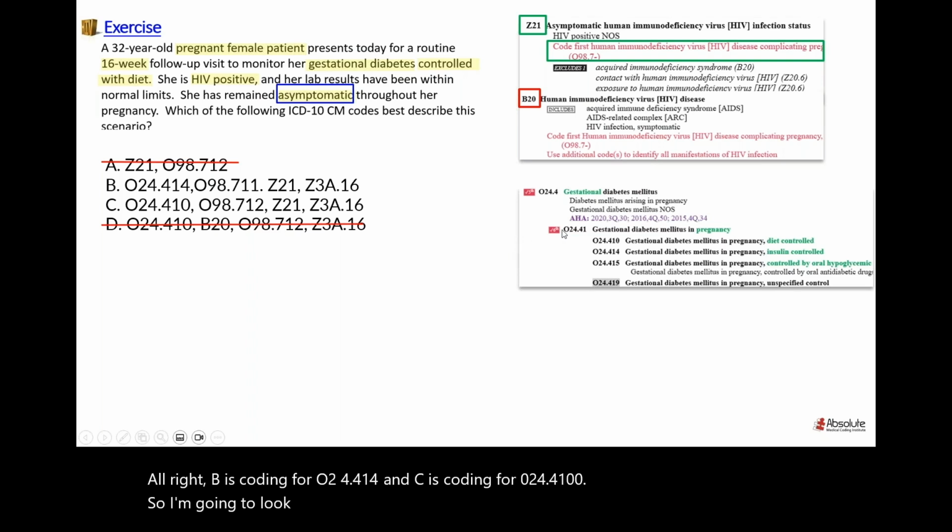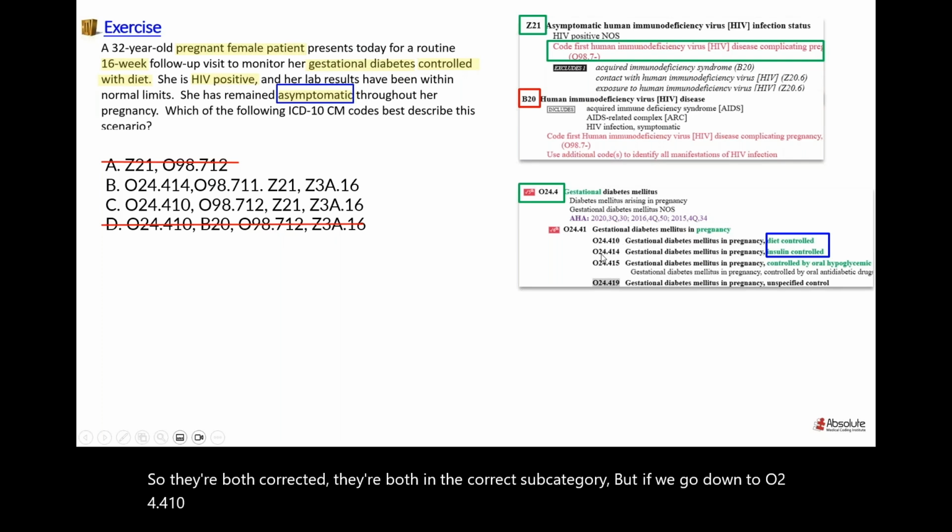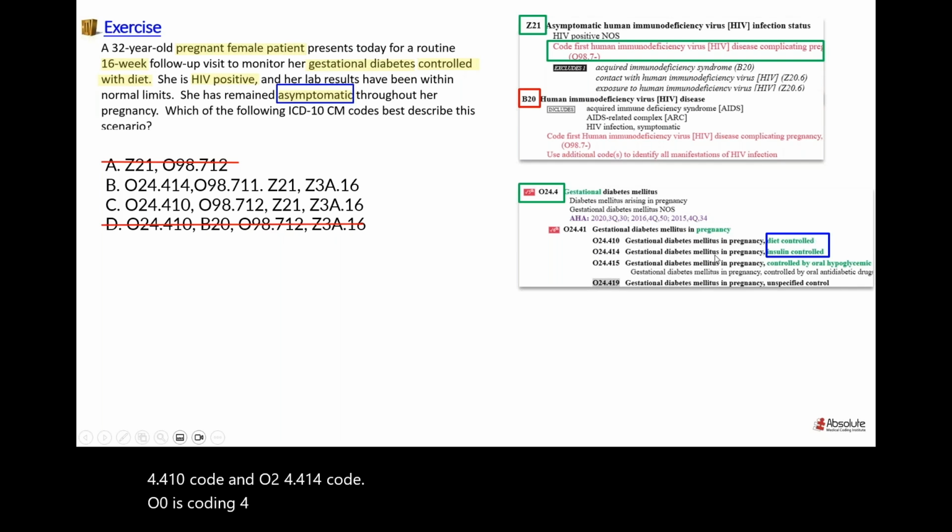So I'm going to look it up. An O24.4 subcategory is for gestational diabetes mellitus. So they're both correct. They're both in the correct subcategory. But if we go down to the O24.410 code and O24.414 code, 0 is coding for gestational diabetes mellitus in pregnancy, diet controlled. 14 is coding for insulin controlled.